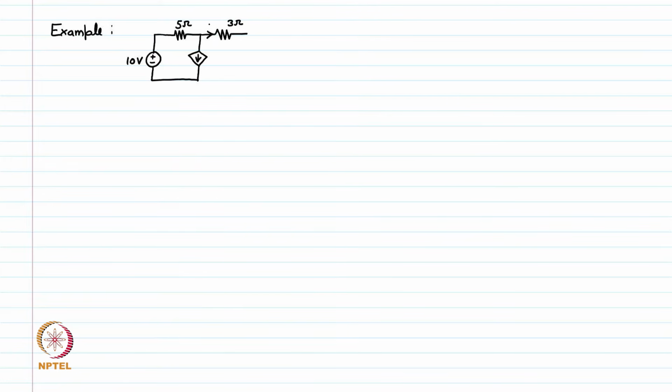The current in this branch is considered I, and the value of this current source is 0.5 I, and this is 1 ohm. We need to find the current in the 1 ohm resistor.